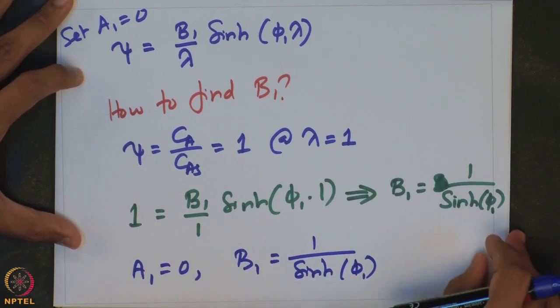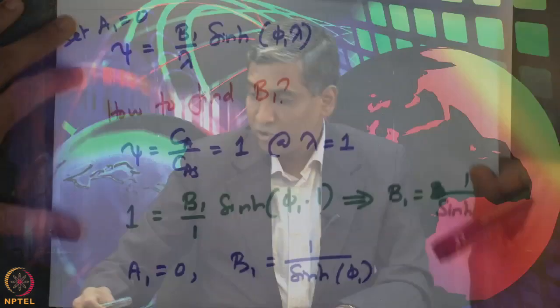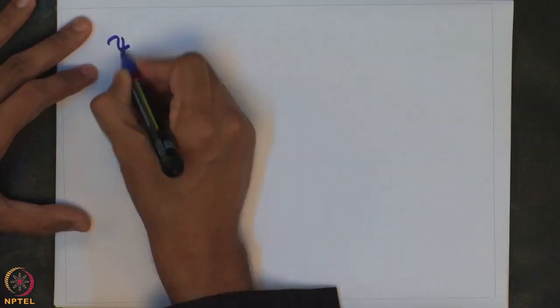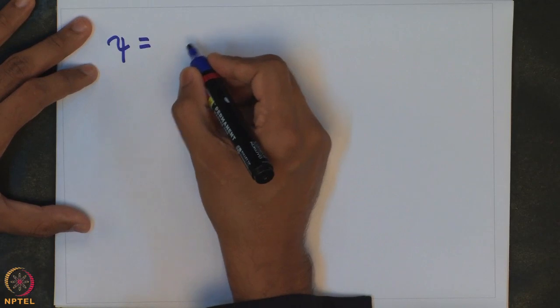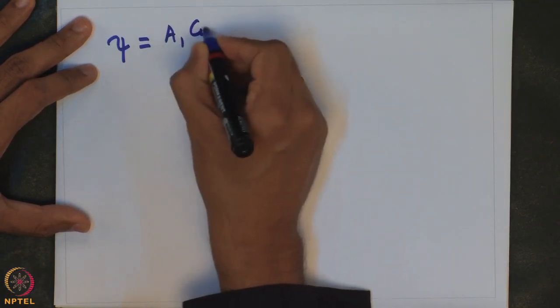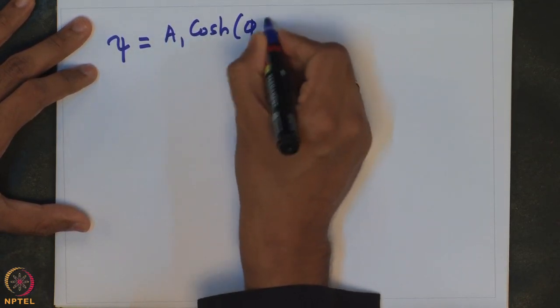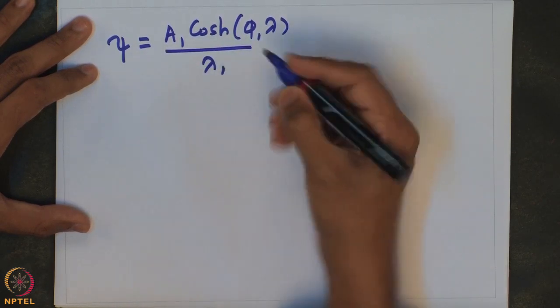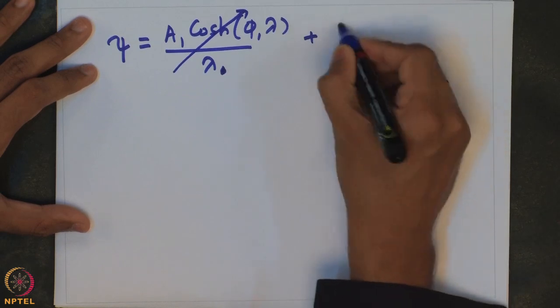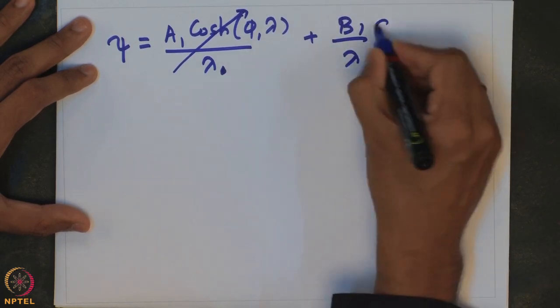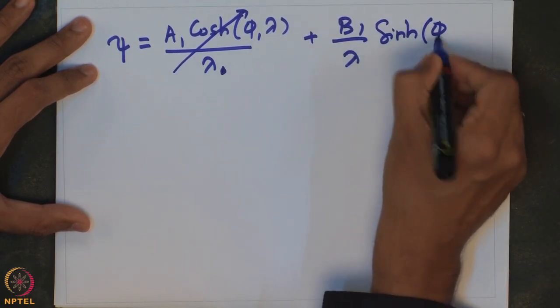We can now substitute this back into the solution. psi is essentially equal to a1 cos hyperbolic phi 1 lambda by lambda, but a1 is 0, so the first term goes away, plus b1 by lambda into sine hyperbolic of phi 1 lambda.